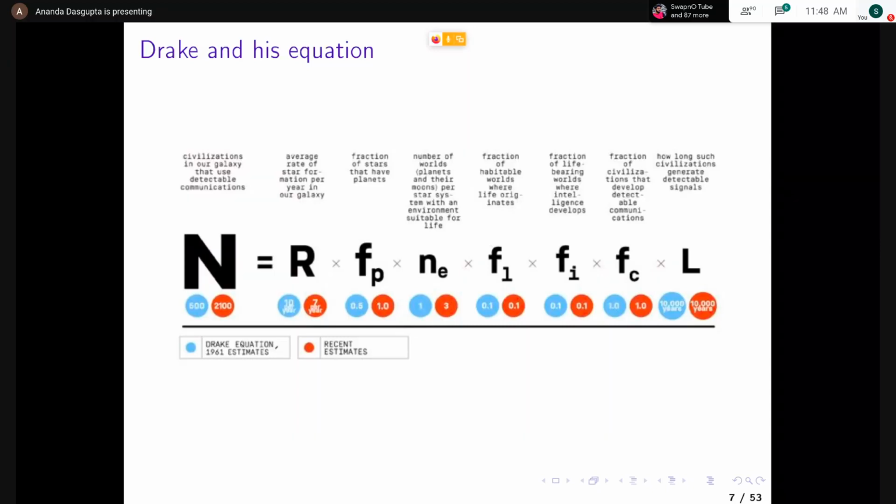Now some of these factors are pretty well understood, and as science is progressing, we know more and more about these factors. There are other factors which are more speculative. So ultimately, you should not take the final result which Drake's equation gives as something sacrosanct or written in stone, but you should think of it more as an estimate.